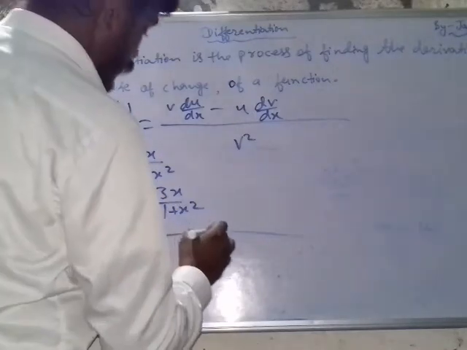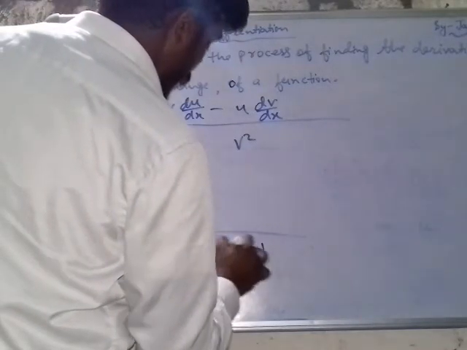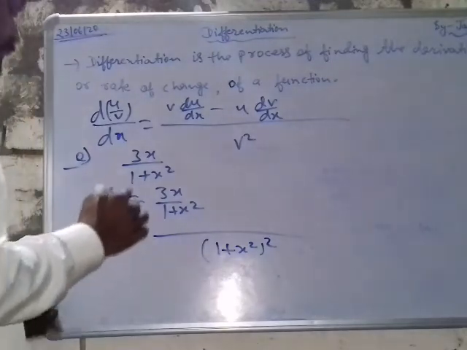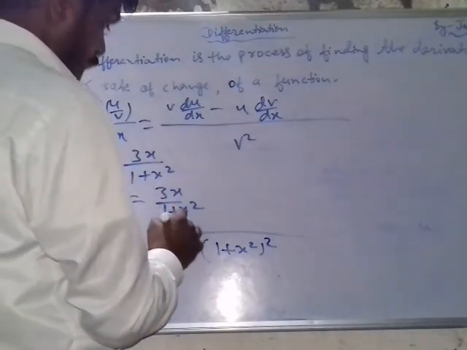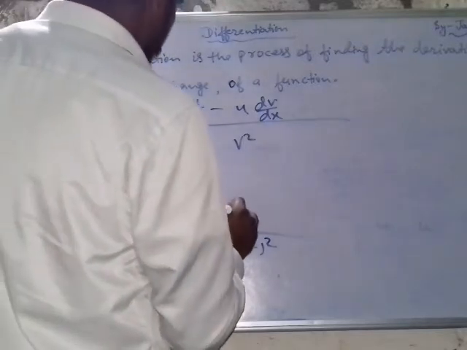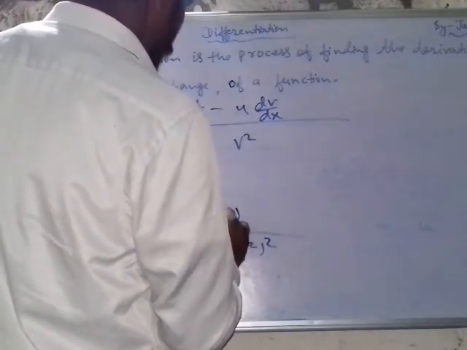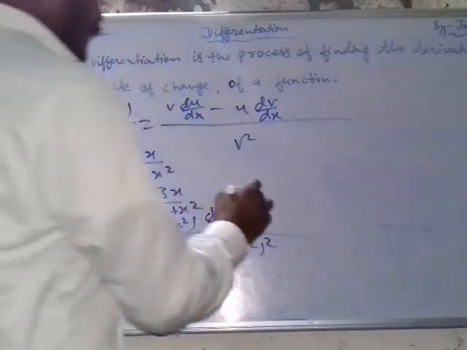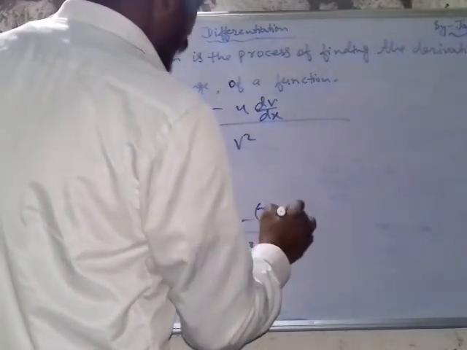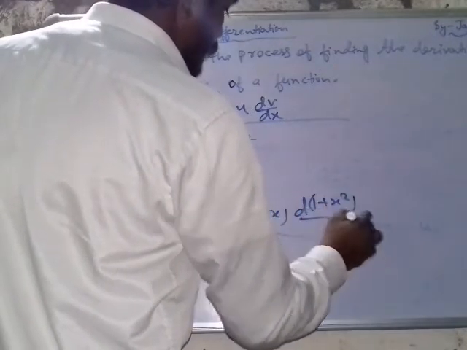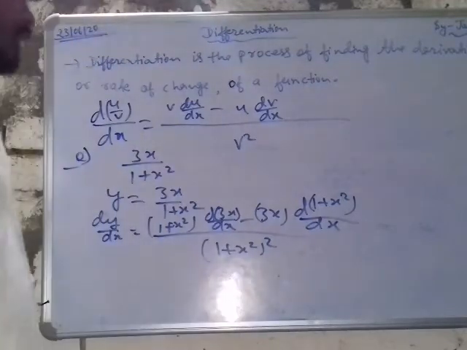Okay, so 1 plus x square to the power whole square, 1 plus x square constant, then we differentiate 3x with respect to x, minus 3x constant, and d of 1 plus x square divided by dx.